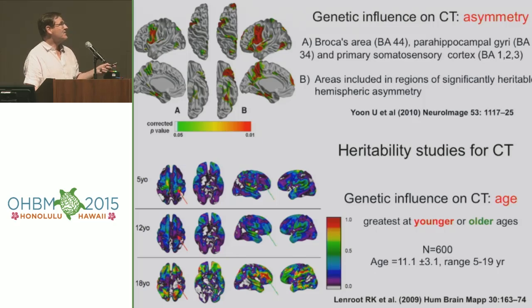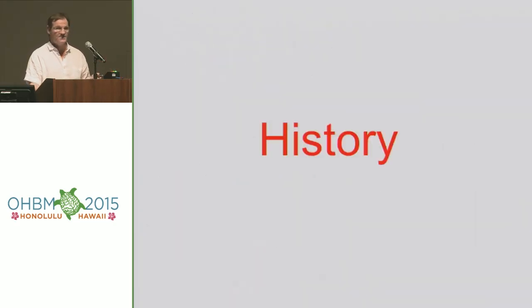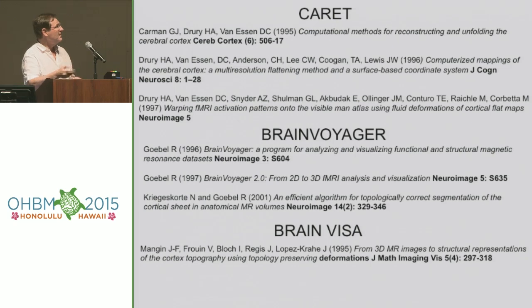A number of people have explored the genetics of cortical thickness. Again, I'm not expecting you to read these, just get a flavor of the wide range of applications that have made use of the cortical thickness methodology. Now, historically, there are quite a few groups who started in the late 80s, mid 90s, just a few snapshots of some of the groups.